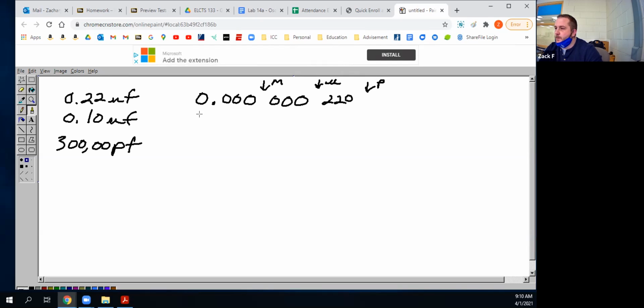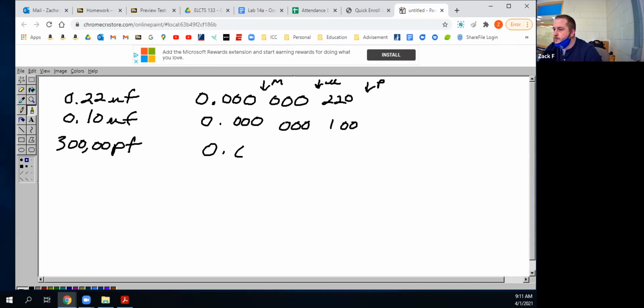So 0.1 microfarad would be 0.0000001. 300,000 pico would be 0.00, wouldn't it be 3? 300,000 pico.